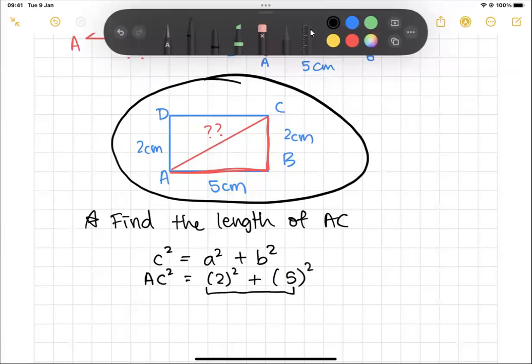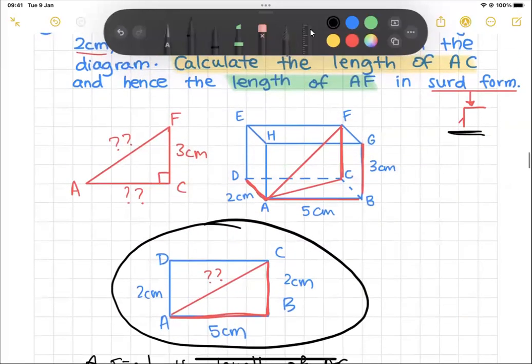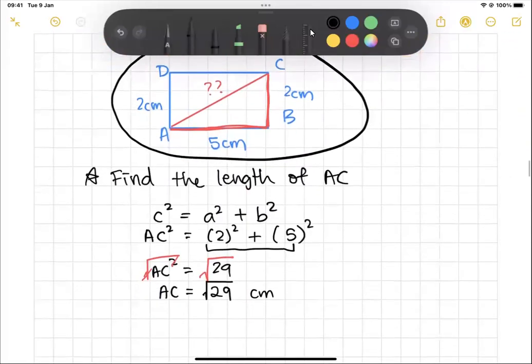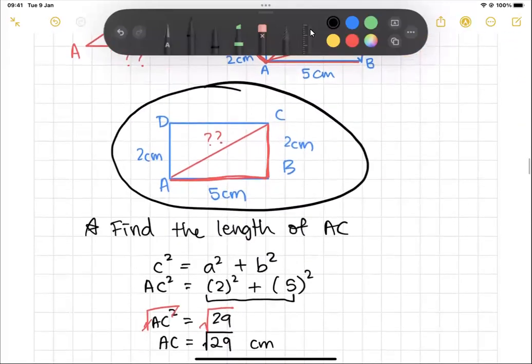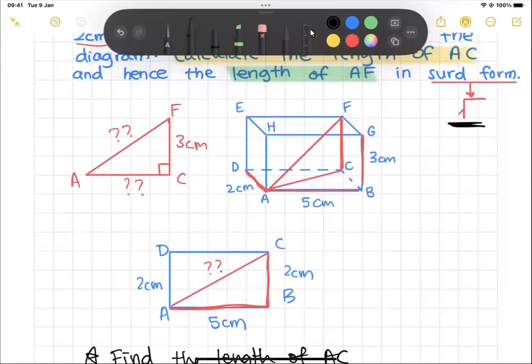Put this into your calculator and you should get 29 equals AC squared. Now, how do I get rid of a squared? Using a square root. These two will cancel out, and what I'm left with is AC equals square root of 29 centimeters. It's in surd form, so I'm abiding by the condition. That's good. I've now figured out what AC is, and I'm going to write it down into my main diagram right here.